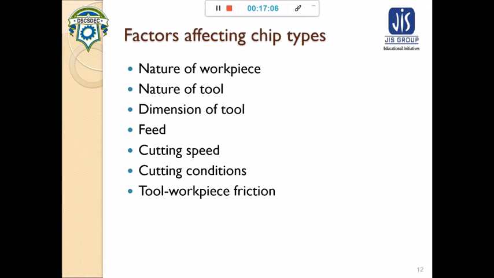Third is cutting parameters such as feed, cutting speed, and depth of cut. Next, other cutting conditions such as temperature, lubrication, etc. And tool-workpiece friction. The whole chip formation highly depends on the friction at the chip-tool interface.